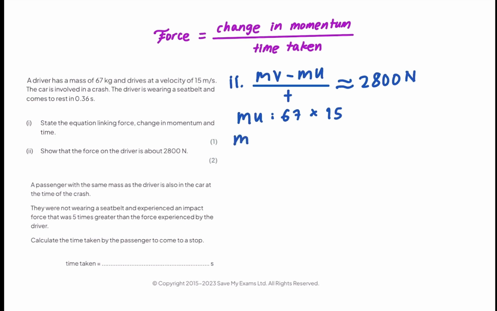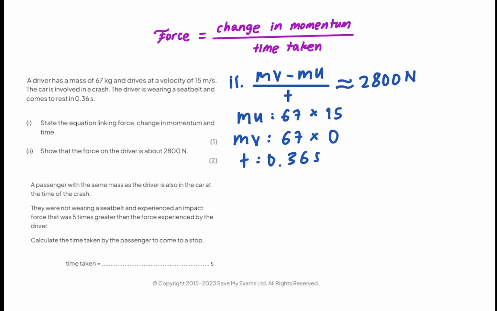Okay, for mv, that would be 67 as the mass would remain the same. And we'll multiply that by 0, as the question states that the driver is involved in a crash. That means the driver's velocity would decelerate and come to 0. And the time taken we know is 0.36 seconds.